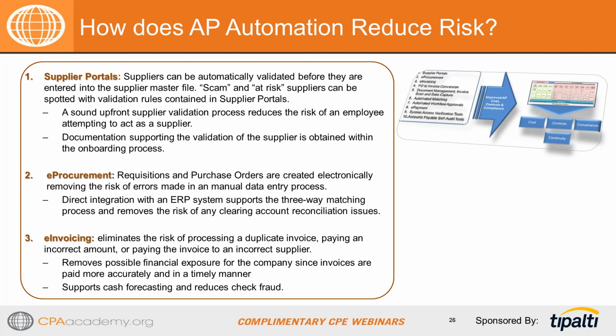With e-invoicing, we're reducing the risk of processing a duplicate invoice, paying an incorrect amount, or exposure. And since we know invoices are going to be paid more accurately and in a timely manner, and it supports cash forecasting, it can actually help reduce fraud.